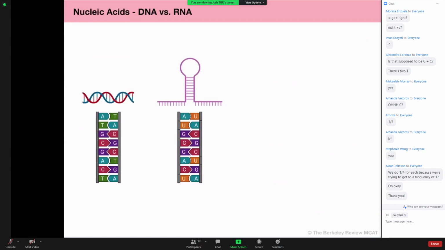Okay, nucleic acids, DNA versus RNA. You guys probably know RNA has uracil in place of thymine, right? But why is that? Why does RNA have a different base than DNA?